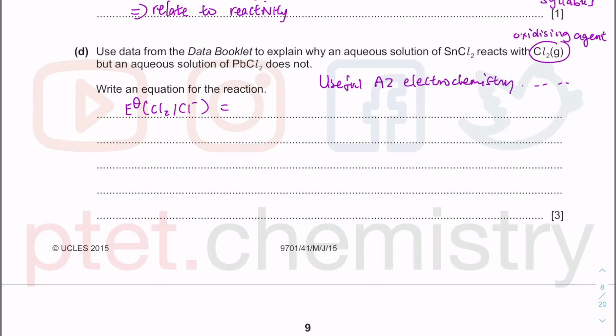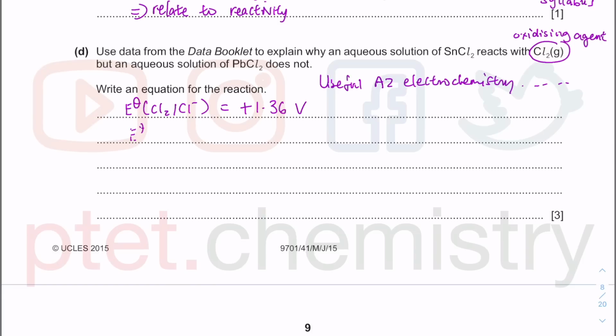Cl2 plus 2 electrons, that one is plus 1.36 volt. And then you are trying to use this as an oxidizing agent, so you're oxidizing the Sn2+ to Sn4+. So we're looking at the Sn4+ on the left hand side, because everything in the data booklet, the E naught value, shows you reduction potential.